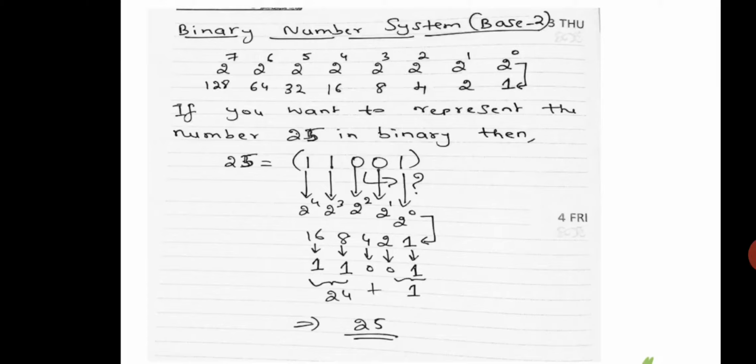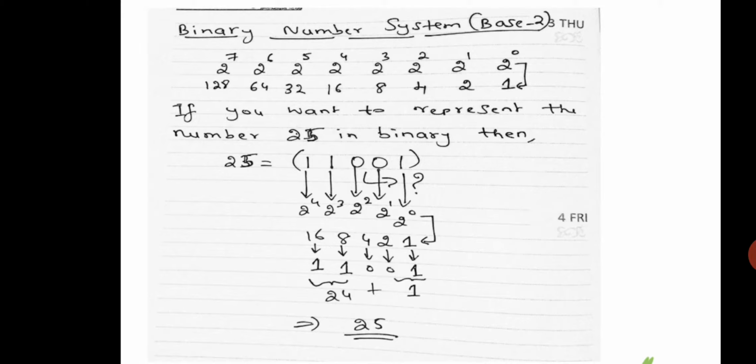If you want to get 25, how many numbers do you have to add up? You have to take 16. You have to add 8. 16 plus 8, how much? 24. Do you need 4 now? If you put 1 below the 4, 24 plus 4 will be 28. You don't need 28. You need to represent only 25.